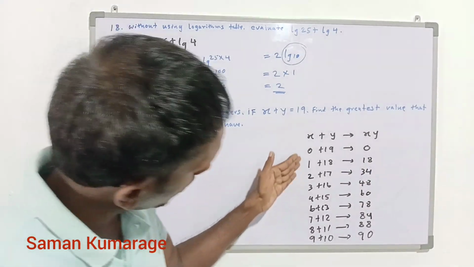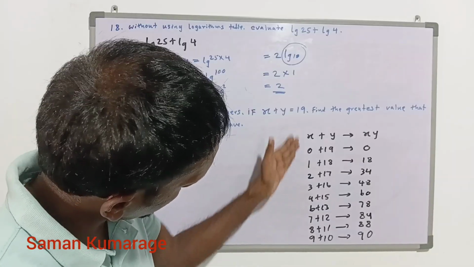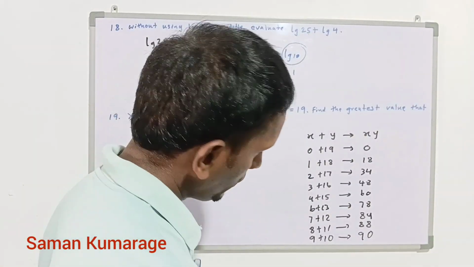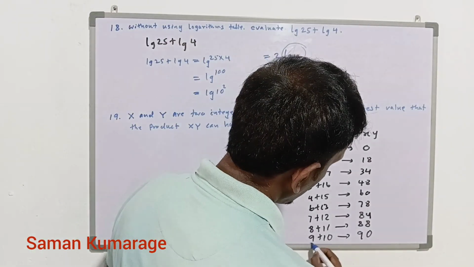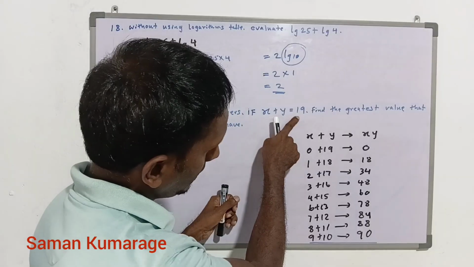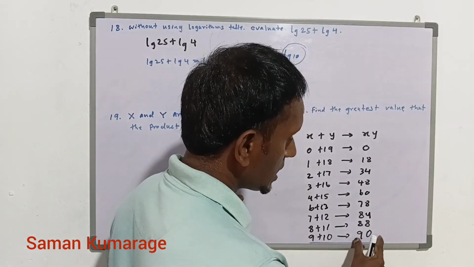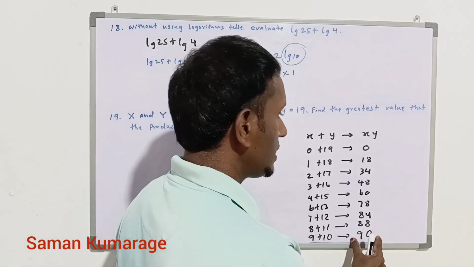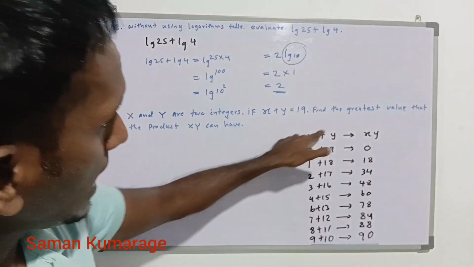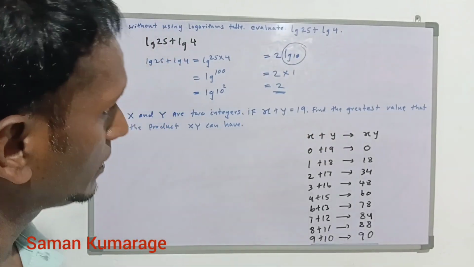Observe this table of values carefully, and finally you will get 9 plus 10, which is also equal to 19. The product of these two integers is 90, which is the greatest value we can take as the product of x and y.